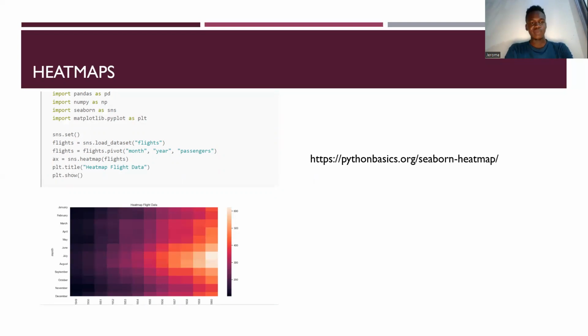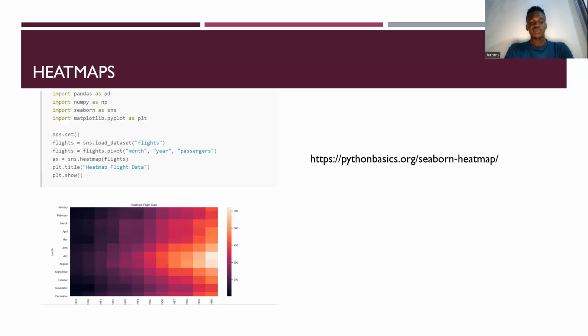If we gauge against what we have here, on the y-axis we have month. On the x-axis, we have year. It's a heat map denoting the number of passengers that were on a flight within that time spectrum, a month and a year.